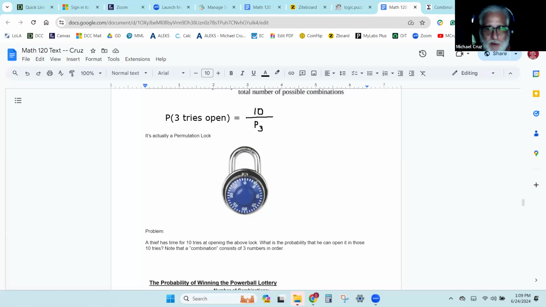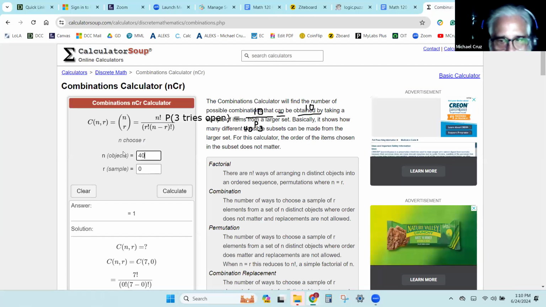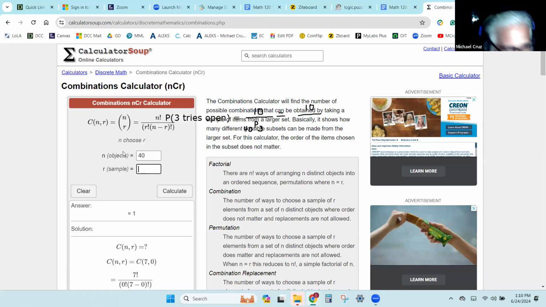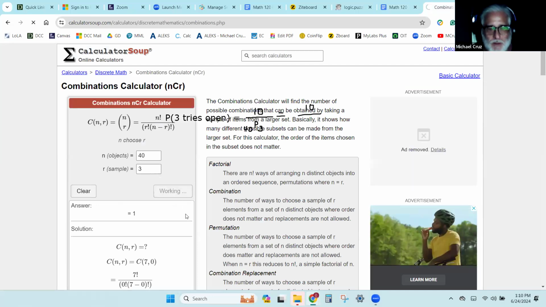How many numbers are there on there? It's tempting to say 39, but it's 40 because the 0 counts as 1. So 40, picking 3.